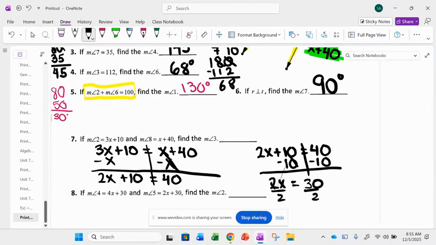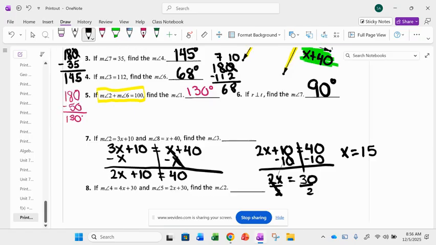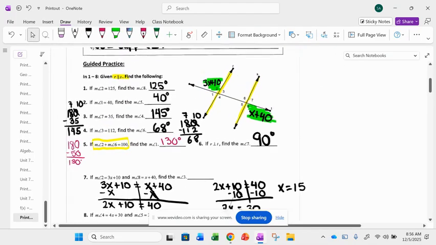Divide by 2, and we get x is equal to 15. That is not my answer to this problem. That was just step 1 in solving this problem. Let everybody catch up. Okay, so now I know that x is 15.